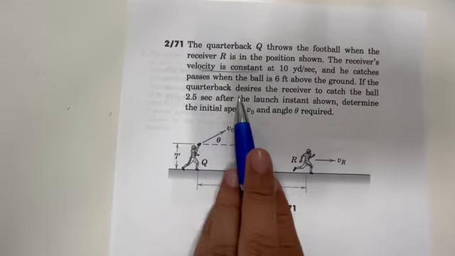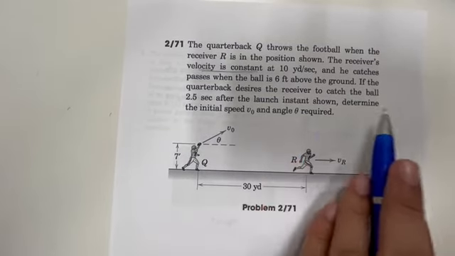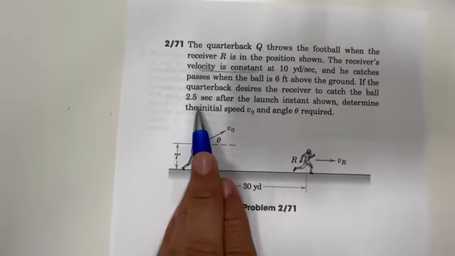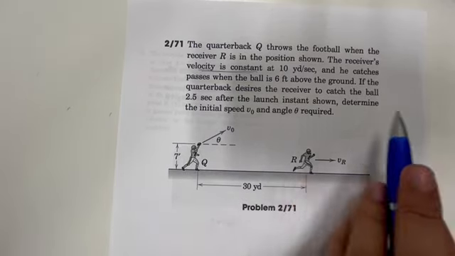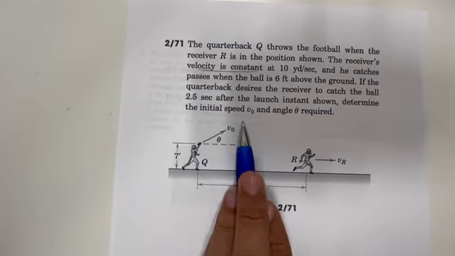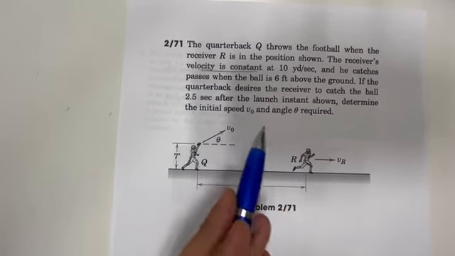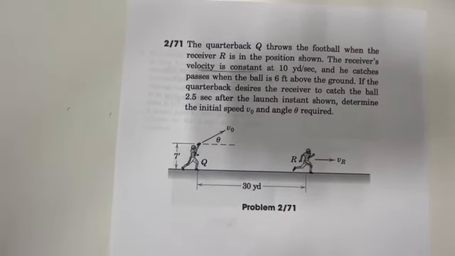If the quarterback desires the receiver to catch the ball 2.5 seconds after the launch instant shown, determine the initial speed, v0, and the angle theta required. I encourage you to stop the video, try to do it by yourself, and then continue the video.